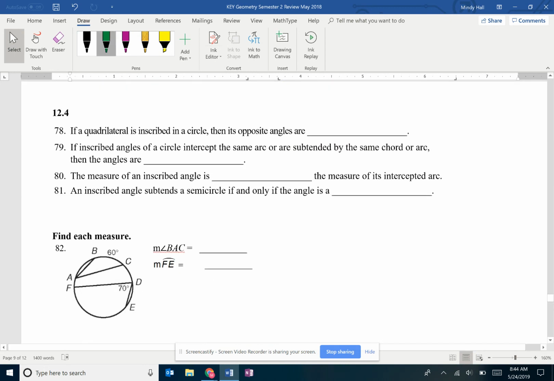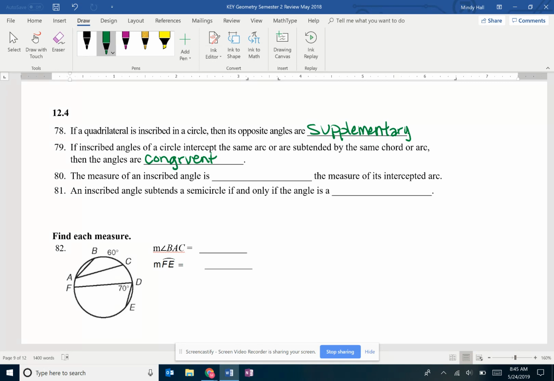All right, so 78, if a quadrilateral is inscribed in a circle, then its opposite angles are supplementary. If inscribed angles of a circle intercept the same arc or are subtended by the same arc, then the angles are congruent.